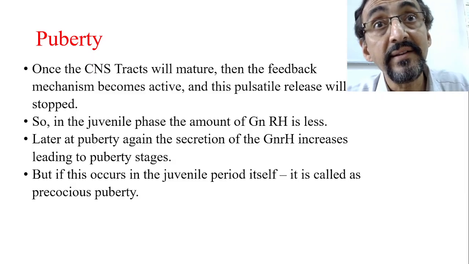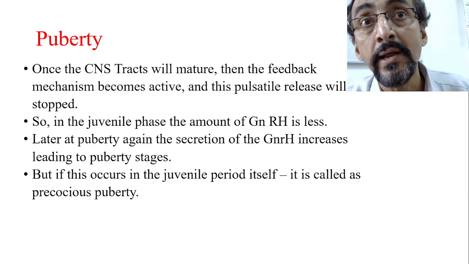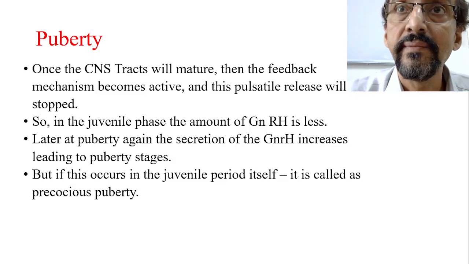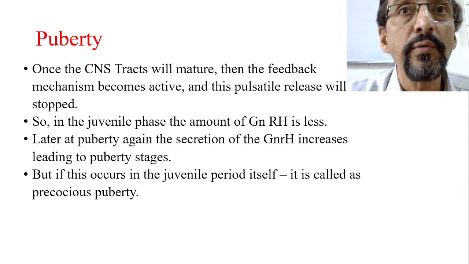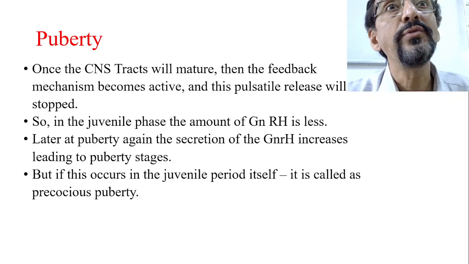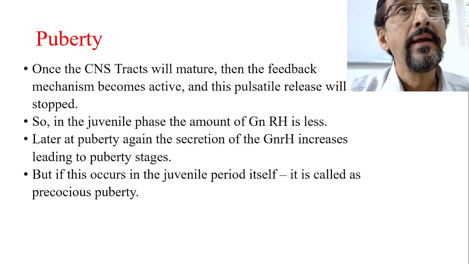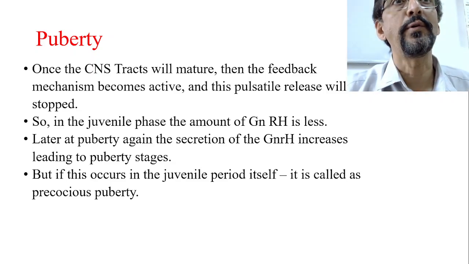Now as the CNS tracts become mature, this message is effectively carried to the CNS: negative feedback, you don't produce gonadotrophin because nobody is using it here. The tracts are matured now, so they carry the message back to the CNS, and this results in the stoppage of the pulsatile secretion of the gonadotrophin.